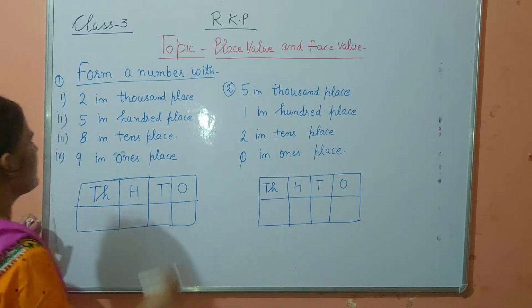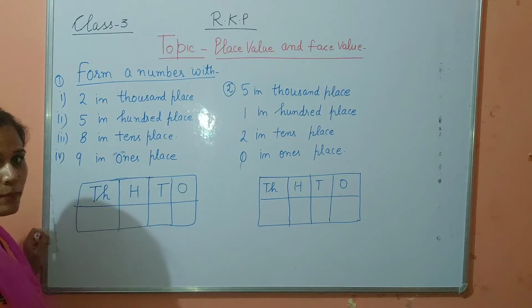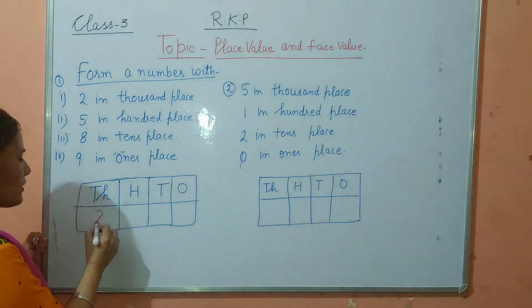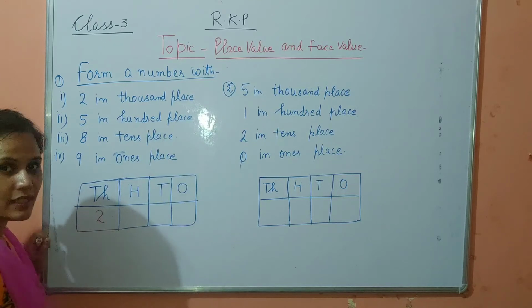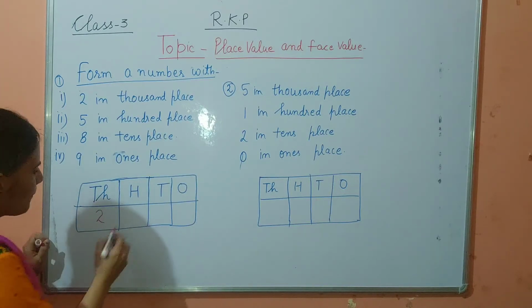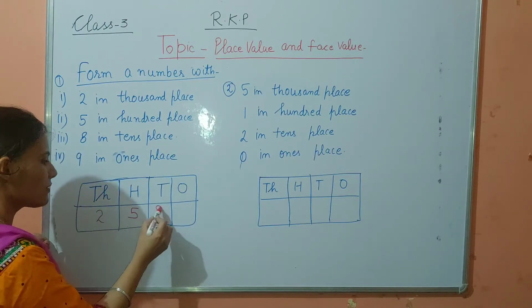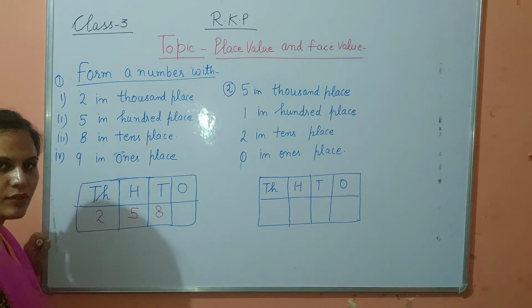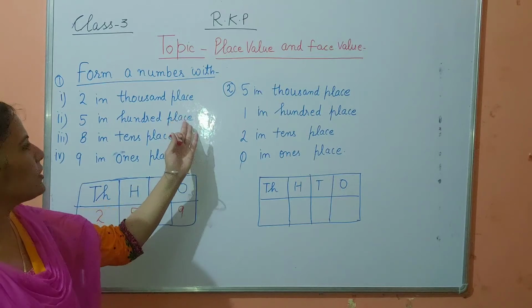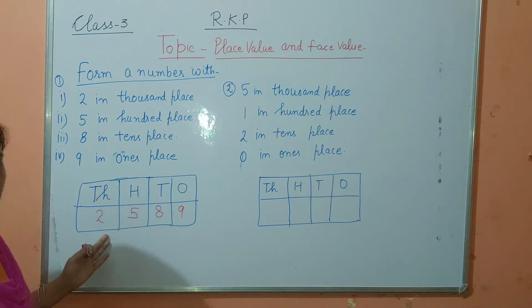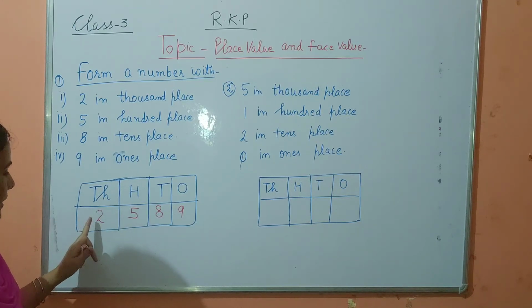So start from first. 2 in 1000 place, means at 1000 place what digit will come? 2. 5 in 100 place, means at 100 place what digit will come? 5. At tens place what digit will come? 8. And at ones place what digit will come? 9. Means with the help of the given places, you can form the number and easily read it. Just read it.